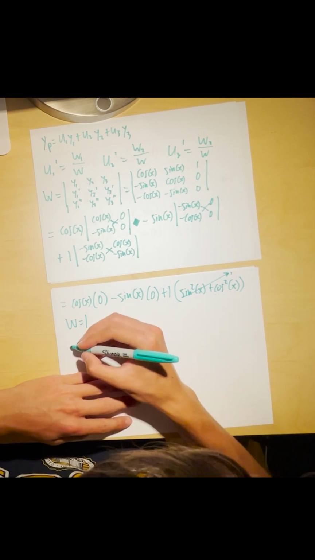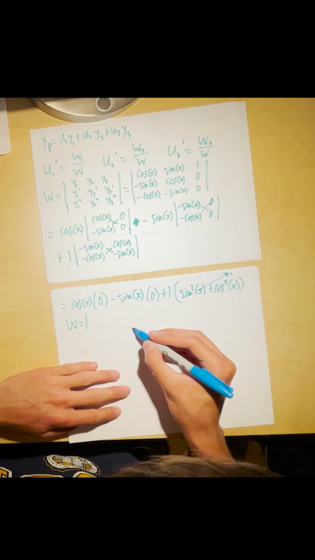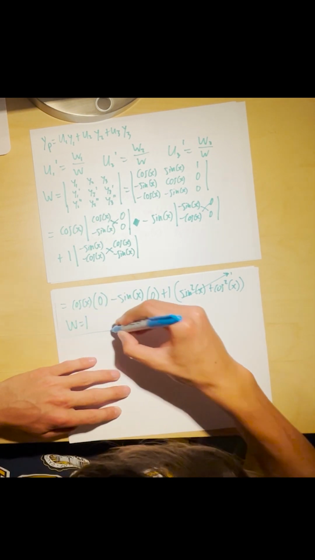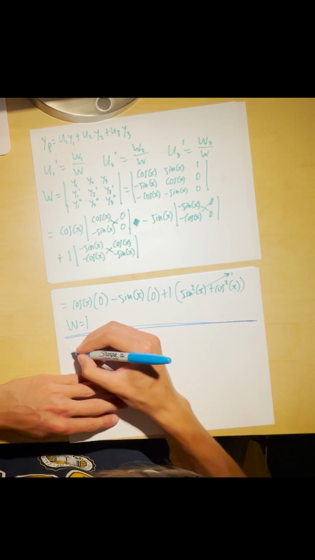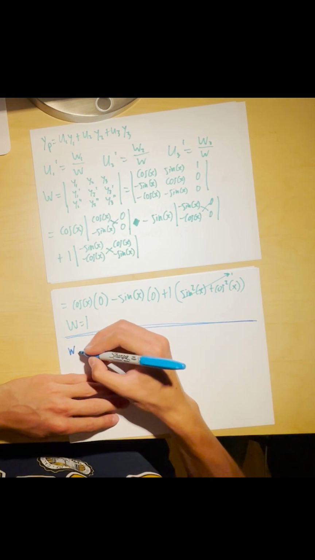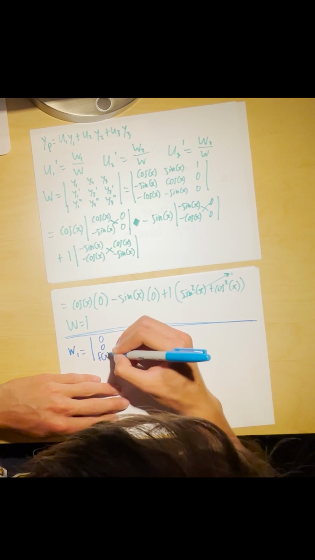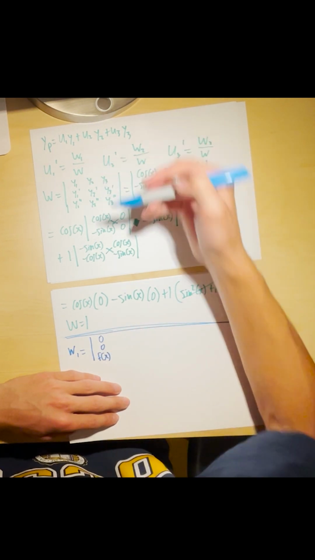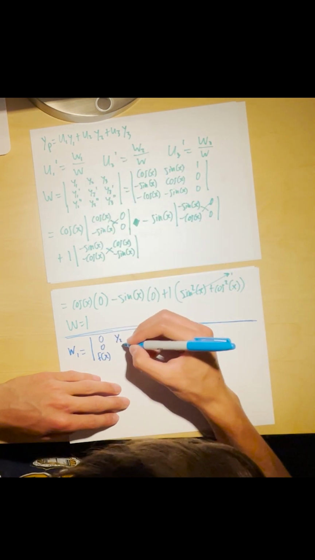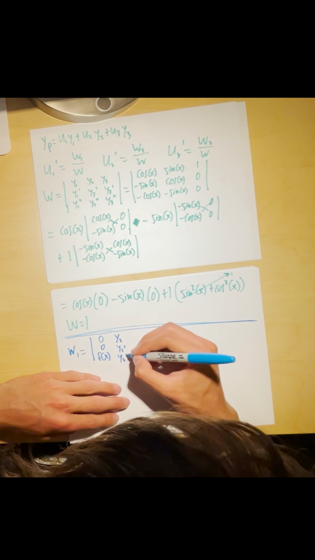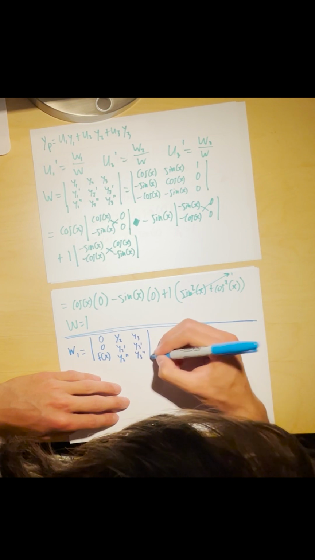So it looks similar to what we did before. I'm going to change colors here. W1. So we're going to have 0, 0, f of x, and then we're going to replace it with stuff from here. We're replacing the first column first with 0, 0, f of x, and then we just fill in the rest. y2, y2 prime, y2 double prime, y3, y3 prime, y3 double prime.